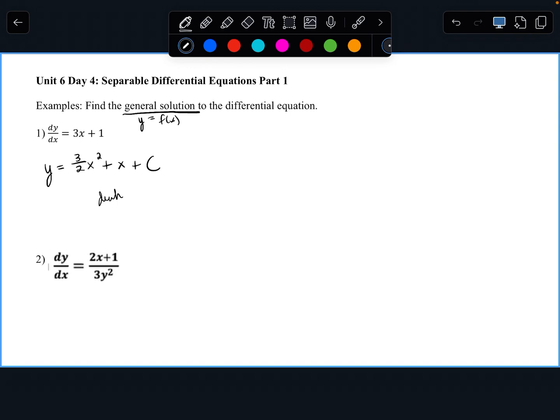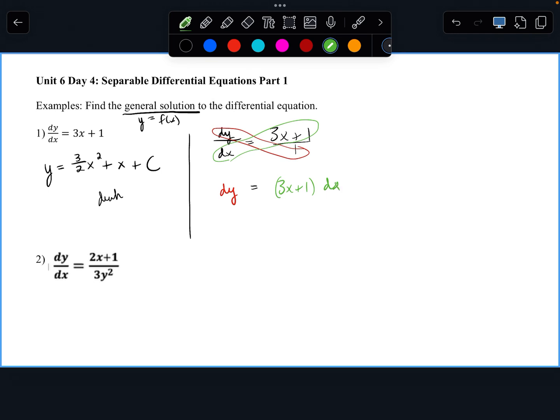But the reason separable equations work is that this is essentially what you're doing. I think of it as a kind of cross multiplying. You'd cross multiply this, so you'd get dy equals 3x plus 1 dx, right?